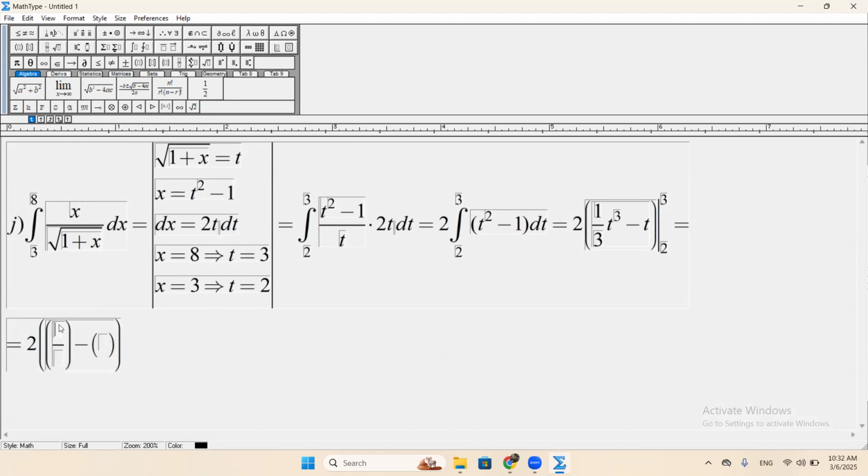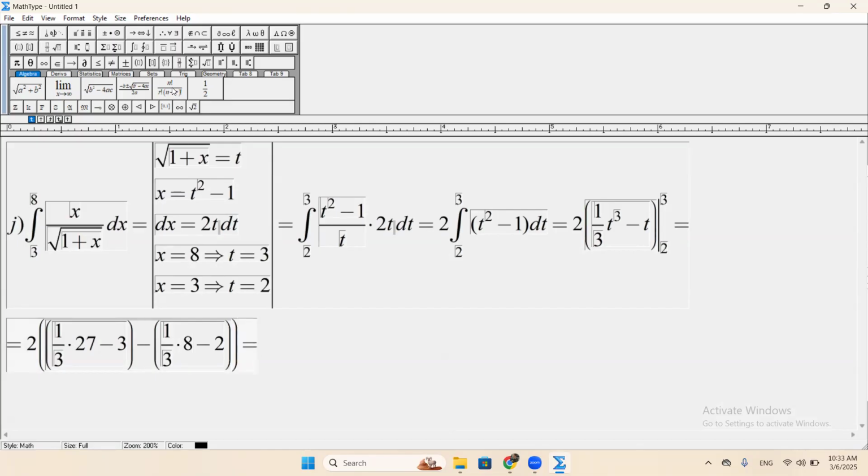So 1 over 3 by 27 minus 3 minus 1 over 3 by 8 minus 2.